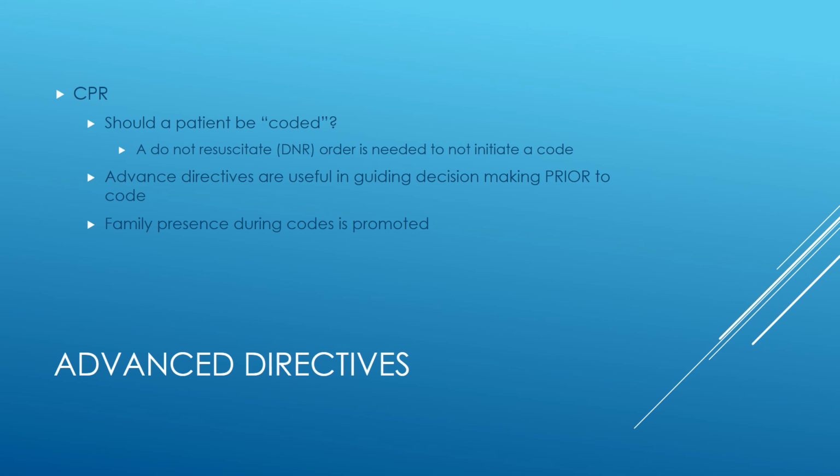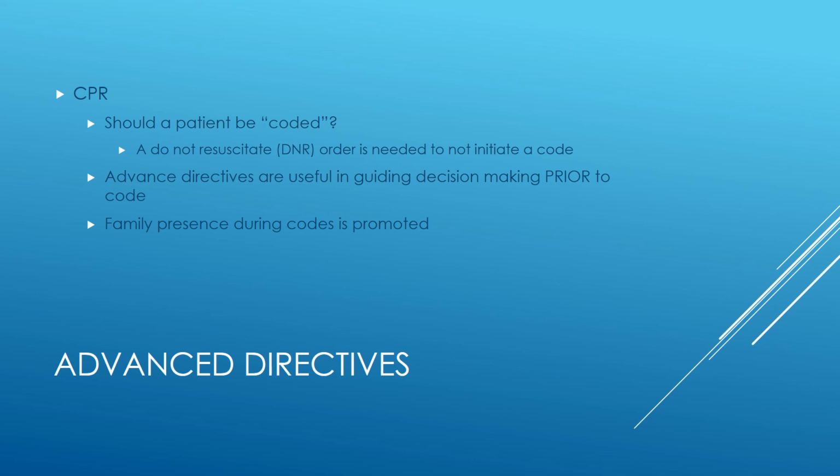There's a big push to allow family members to stay in the rooms while the patient is being coded, and they actually find that family members want to be in the room. They like seeing how hard everybody's working to help save their loved one. It's not true that they're more likely to sue.